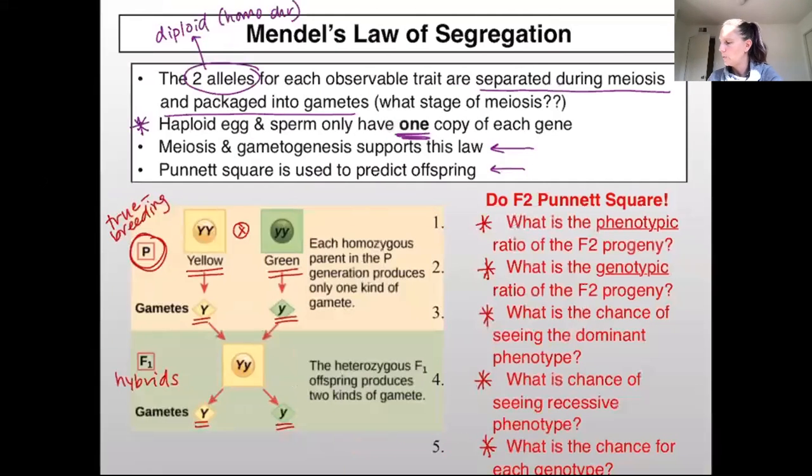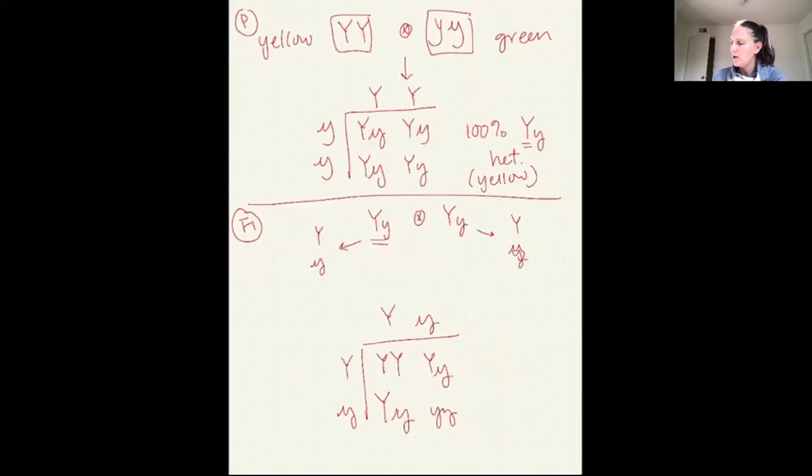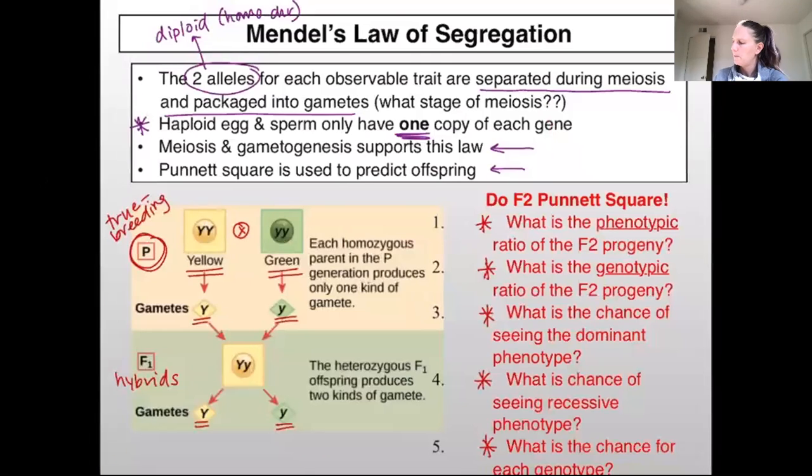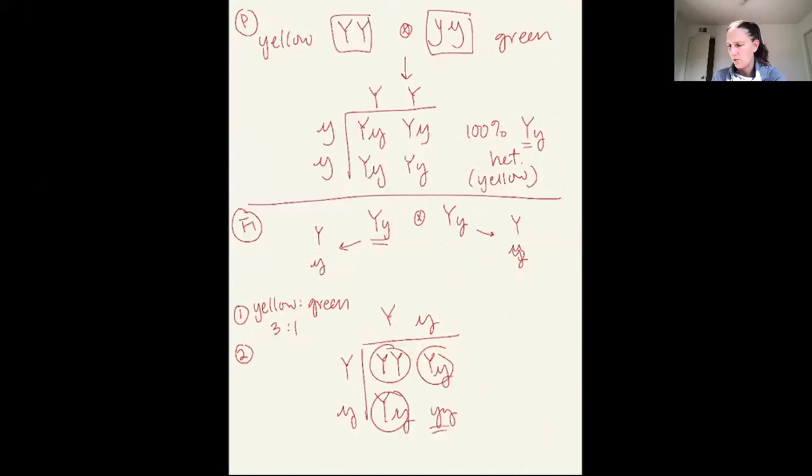So I'm going to kind of toggle between. So what is the phenotypic ratio, right? So the first question, phenotypic ratio, means how many yellow to green do we have? And we're going to have a 3 yellow to 1 green. So that's going to be the phenotypic ratio. Next, what is the genotypic ratio?